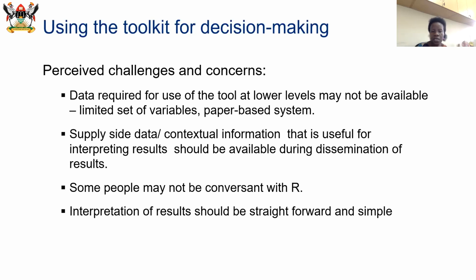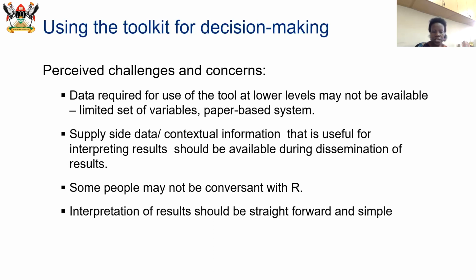Our systems are also largely paper-based. The aspects that are electronic usually have aggregated data, but individual patient level information that would be useful for this kind of analysis is often paper-based, and that was also seen as a limitation.